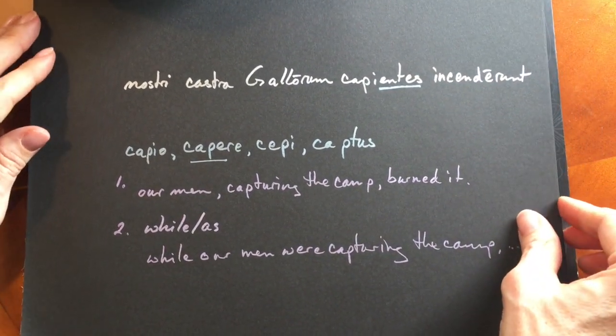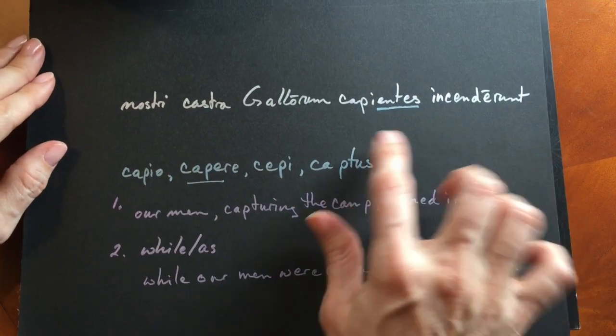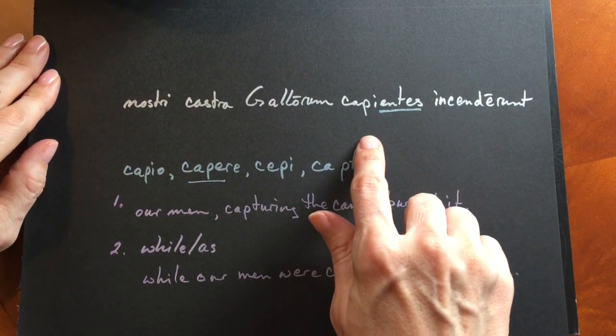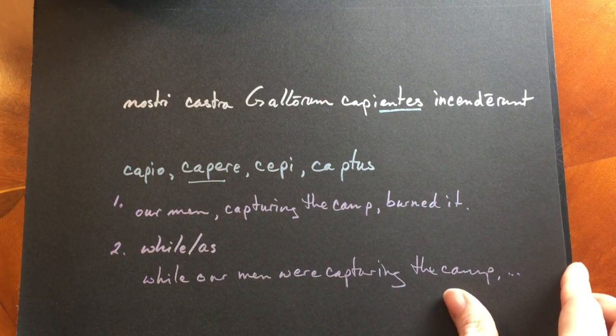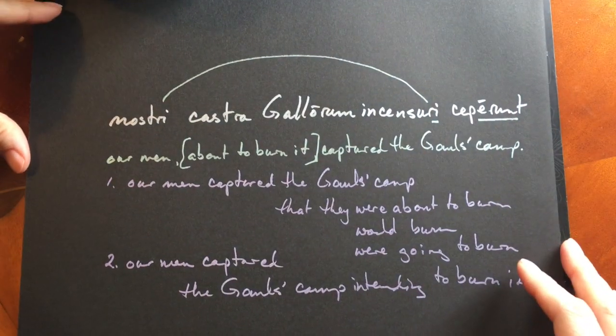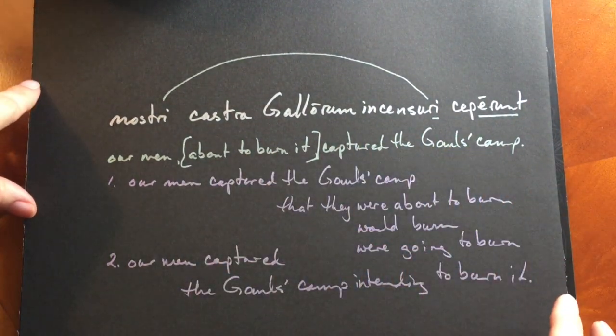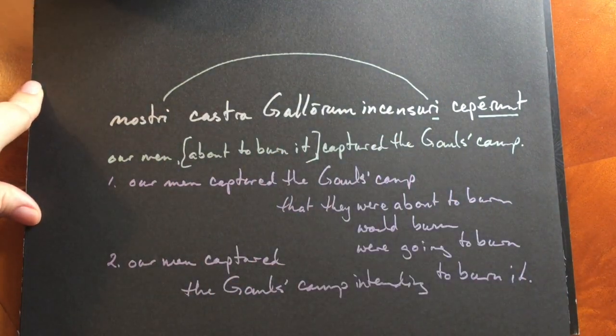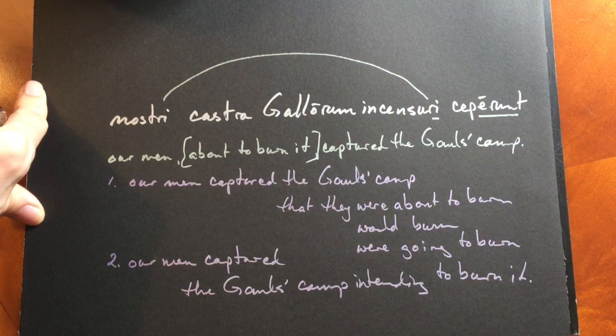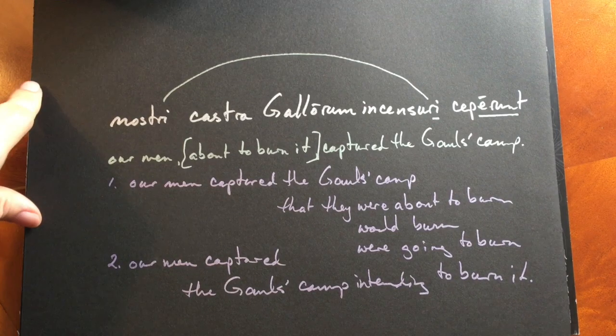If it's happening at the same time, we have a present participle. And the future participle happens after that of the main verb.